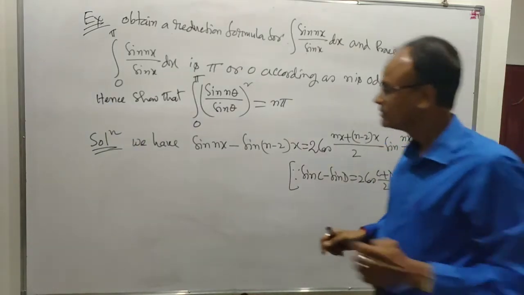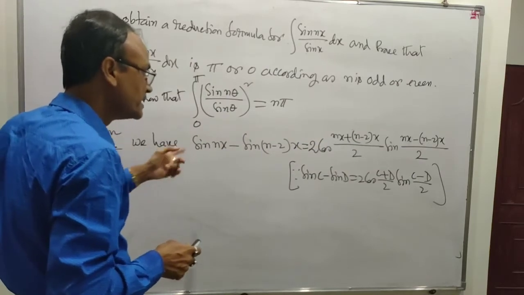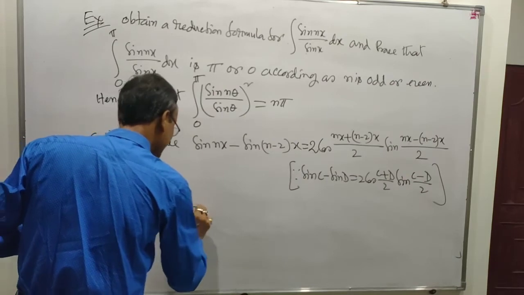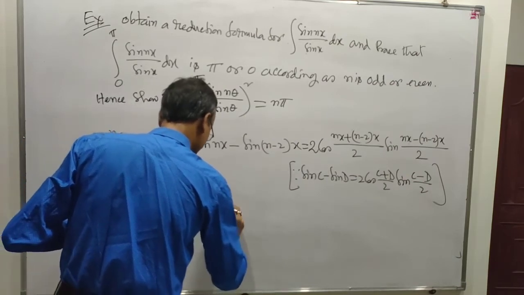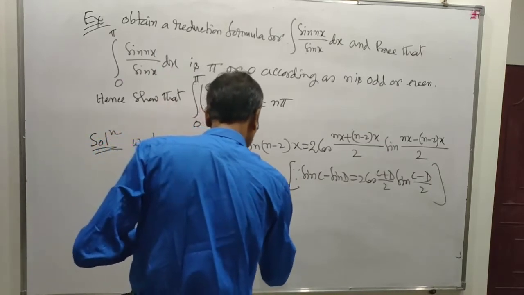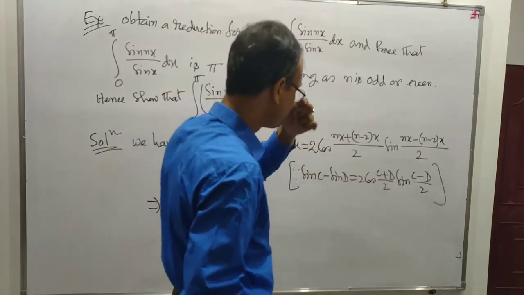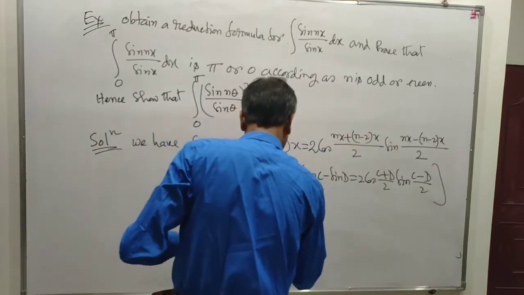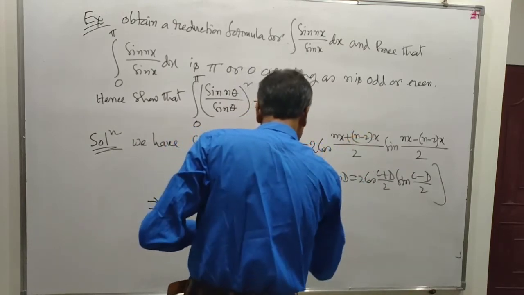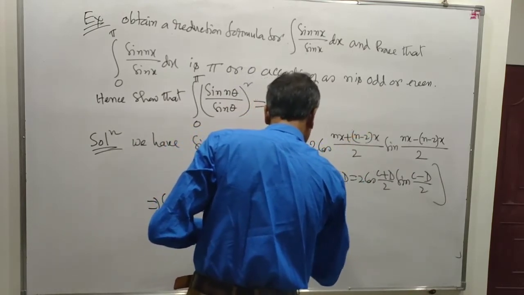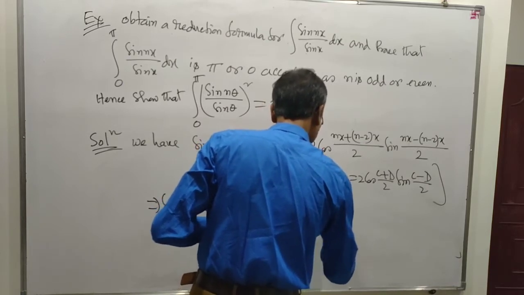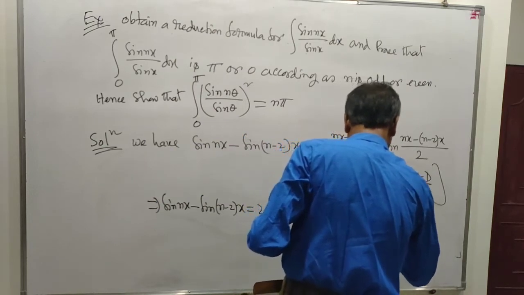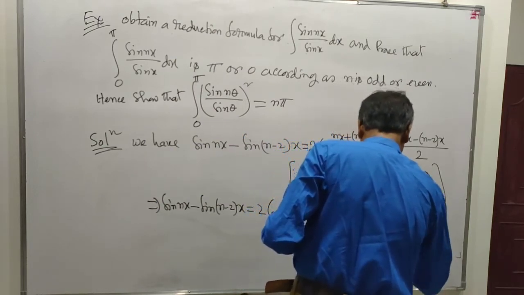This means sin nx minus sin (n minus 2)x is equal to 2 times cos of (n plus n minus 2) into x divided by 2, into sin of (nx minus nx plus 2x) divided by 2.